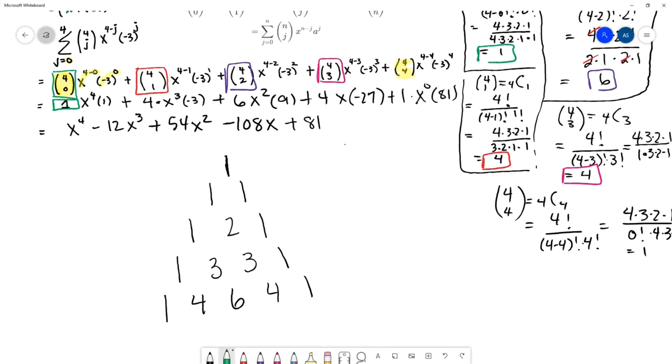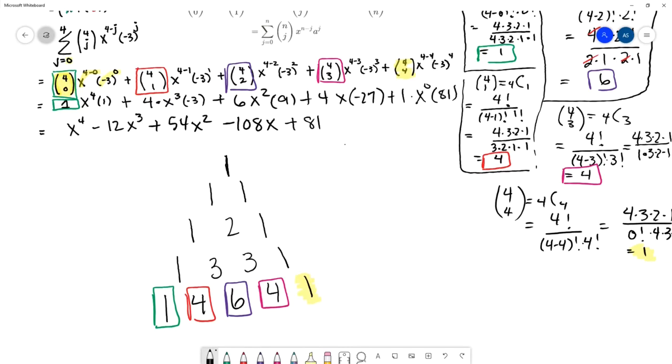And what you can see here are the same numbers that we got when we did our combination formula just a little while ago.